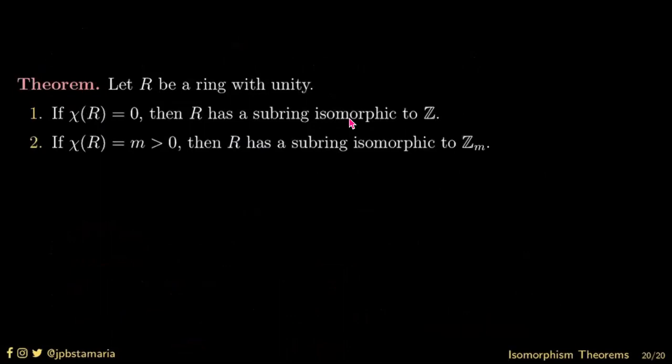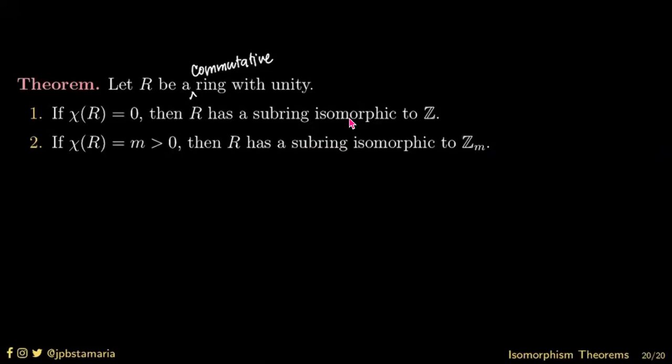When R is a ring with unity, it is missing commutative. If R is a commutative ring with unity, there are only two cases: the characteristic is either 0 or positive. If the characteristic of your ring is 0, even if it is not isomorphic to Z, it has within itself something that looks like Z. How nice is that? Basically, your rings just stand on two things: Z or Z sub m.